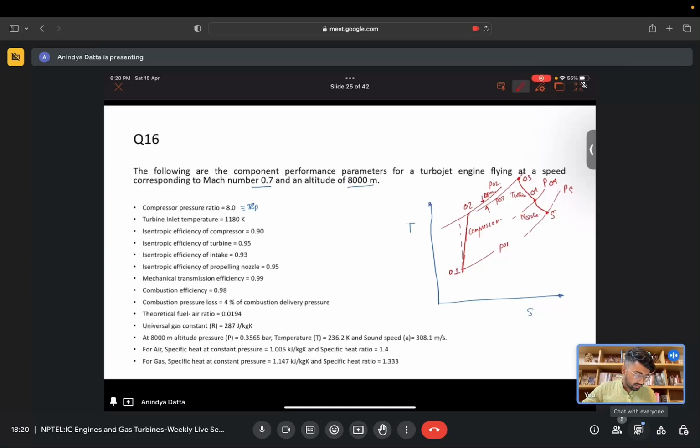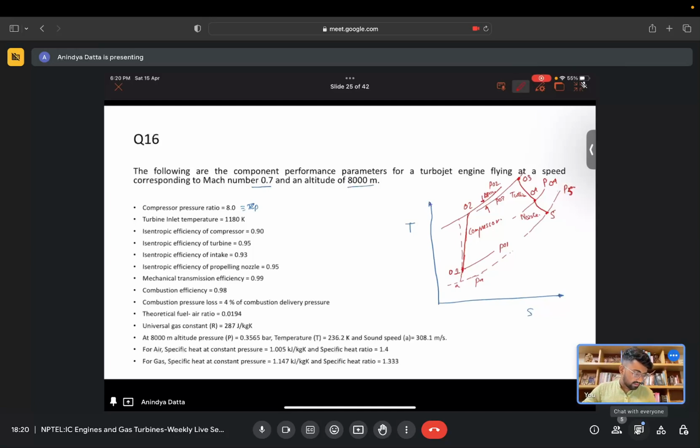Clear? Sometimes you can also draw the ambient pressure, from ambient pressure to nozzle. So the state points are: 1 is our compressor inlet, 2 is our compressor exit or combustion chamber inlet, 3 is our combustion chamber exit or turbine inlet, 4 is turbine exit or nozzle inlet, and 5 is nozzle exit.